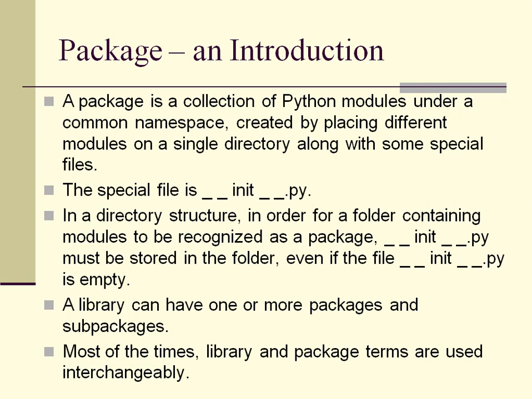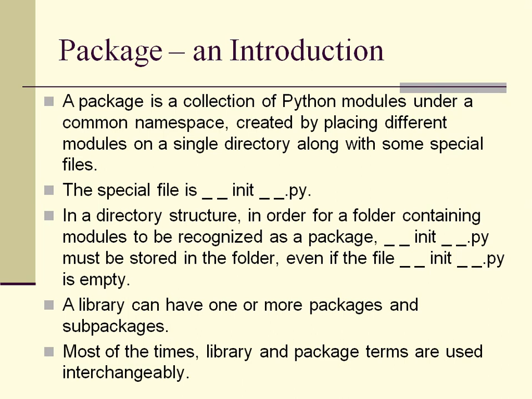So the larger concept is the library that we are discussing. A library can have one or more packages and sub packages. To understand the hierarchy, we can write like this. At the top of the hierarchy we have library, and the library will be having packages. Those packages will be having sub packages, and those sub packages will be having modules, and those modules will be having functions. If we follow the bottom to top method, what will be the bottom entity?